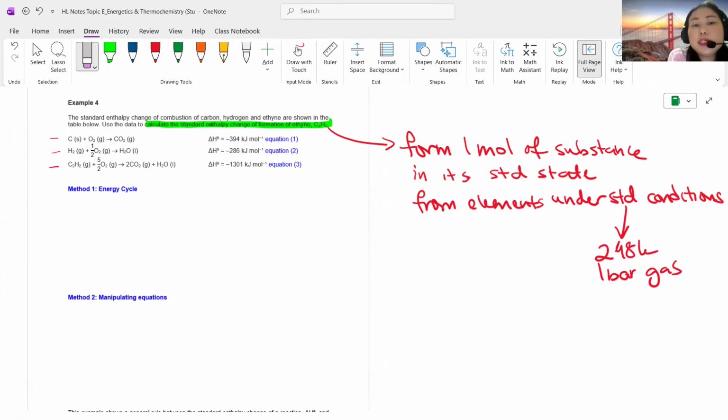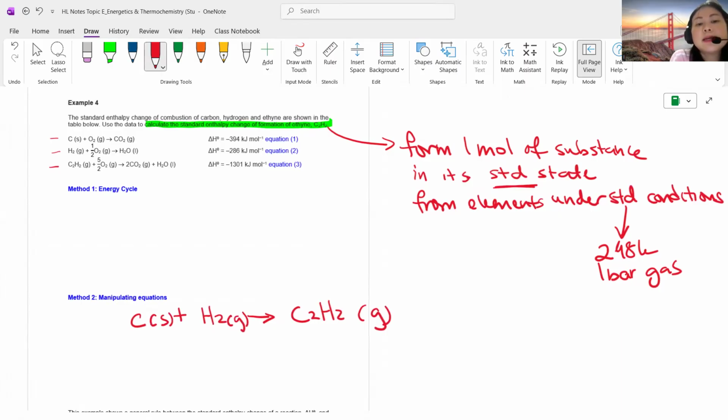Okay, so the equation in green is formation of ethane. I need to form 1 mole of ethane. So C2H2 must be 1. And I must form from its elements. So the elements that exist are carbon and hydrogen gas. So I need to balance this. Ethane at room temperature is a gas. So it's a substance in standard state. The standard state is gas. And hydrogen standard state is gas.